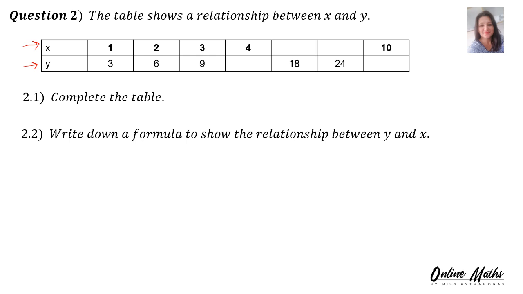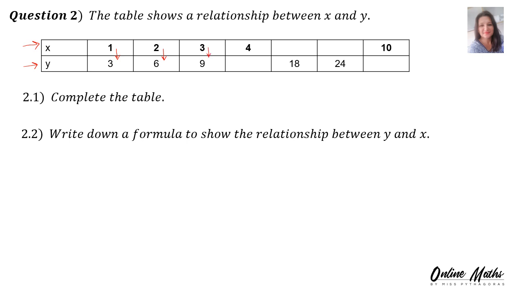Now, if you go to question 2.2, it says write down a formula to show the relationship between y and x. So if only you knew the formula, then it would be very easy to fill in your table. Now let's see if we can do that. Have a look. What happened here was your x value 1 became 3. 2 became 6, 3 became 9.